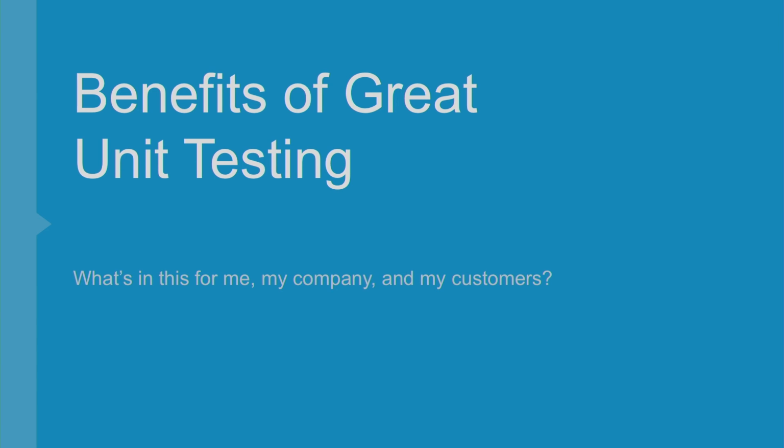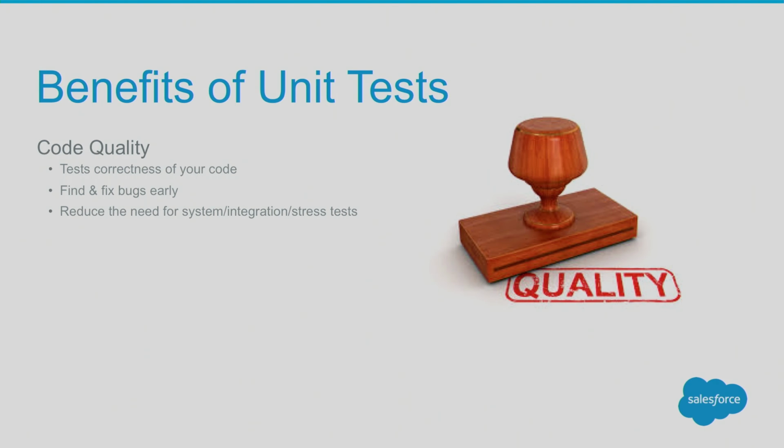All right, so the benefits. You always have to ask yourself, why do I want to do this? Is this good for me, my company, my customers? Unit testing is one of the foundations of quality assurance. It's part of the whole quality assurance package, and it's the first step.